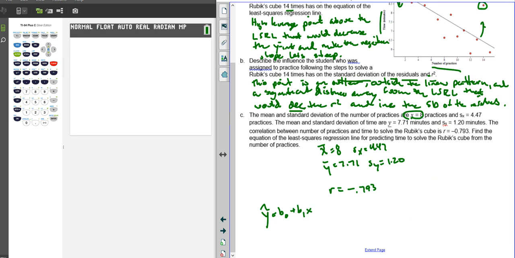We're going to find our slope first. Our slope is going to equal the R value times S sub Y over S sub X. You can maybe try this out yourself. You can pause this and see what the answers are.